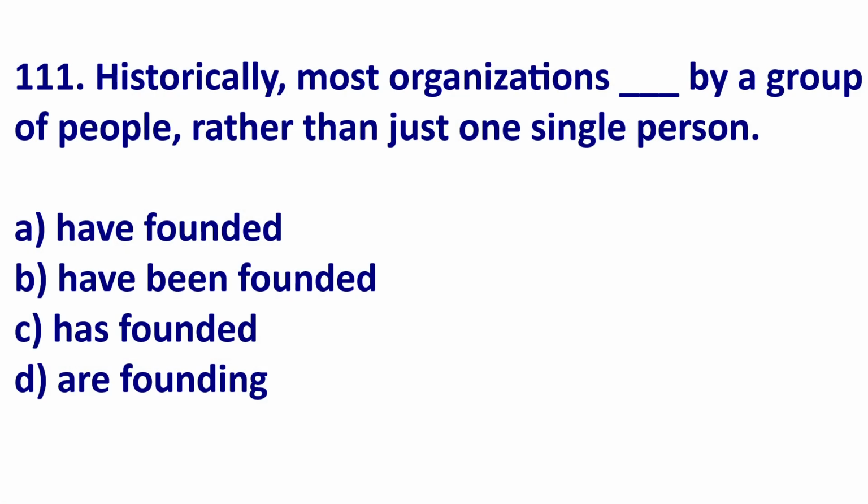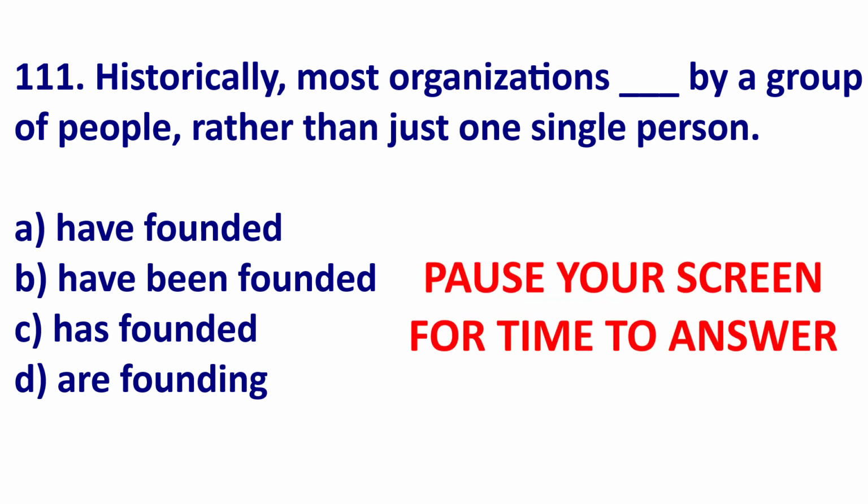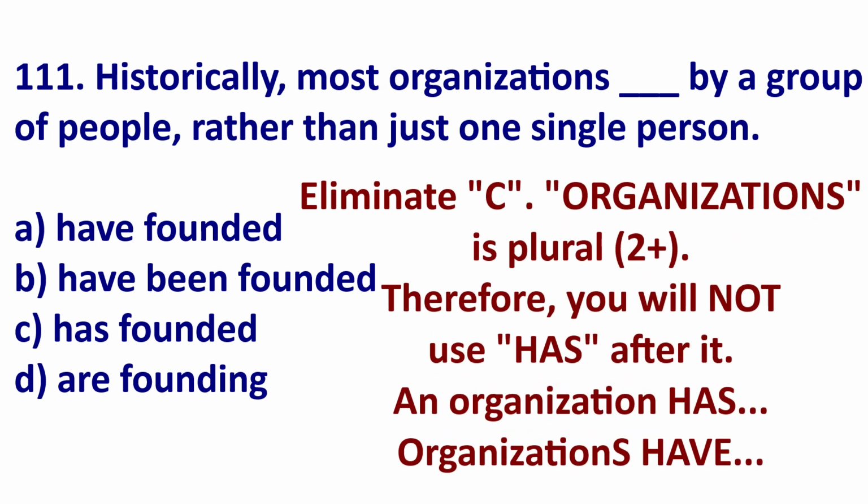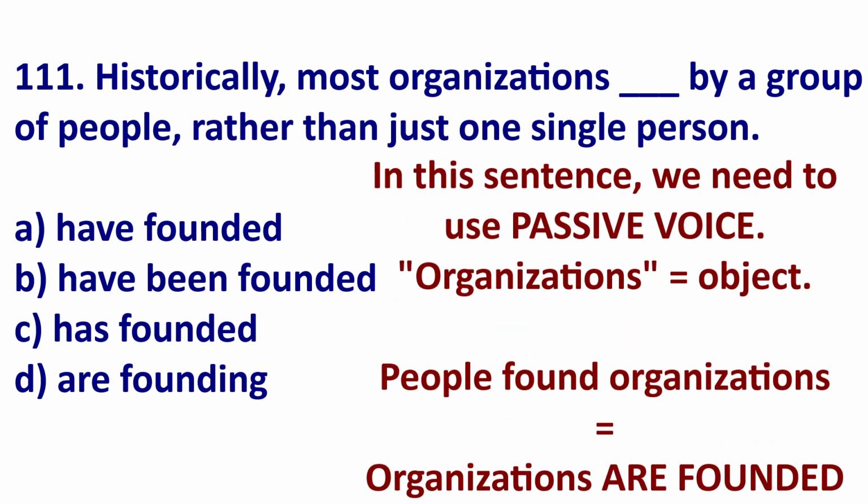The last TOEIC question, here it is. Well, you can eliminate C immediately because organizations is plural. Notice the S. Therefore, you will not use "has." Remember, it has, they have. Organizations have, an organization has. So right away, we can eliminate "has founded." Okay, so we're getting rid of C immediately. Next, you need to use passive voice.